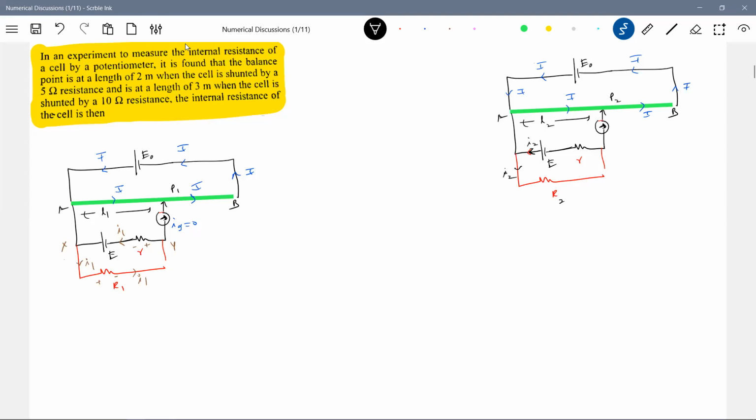Call that current I2. The current through the galvanometer will be 0, and this is I2. Now this X, Y, Z, let me use AB, some other symbols. Two different situations are there. What is R1? R1 is 5 ohm.